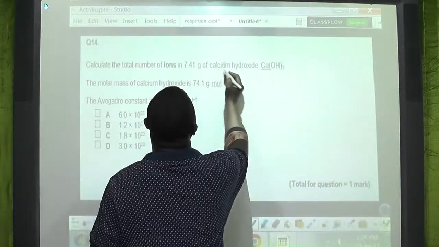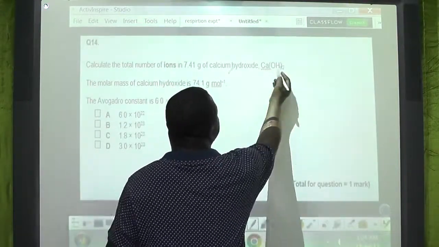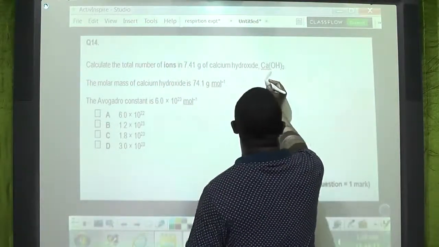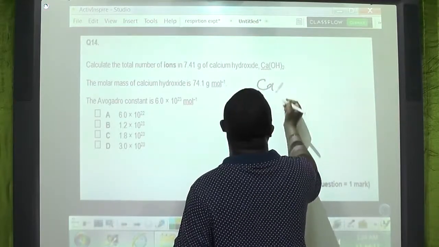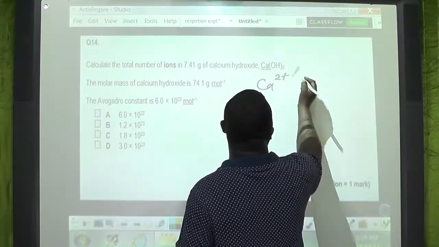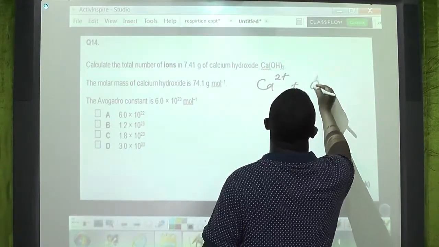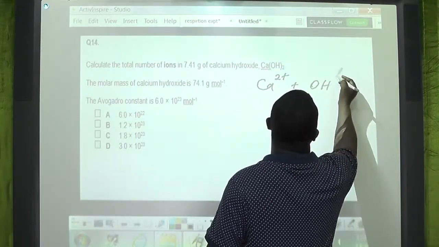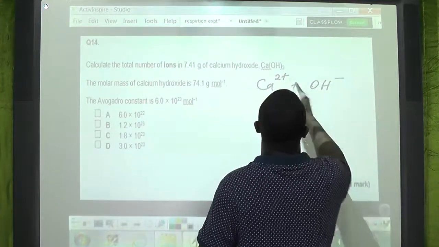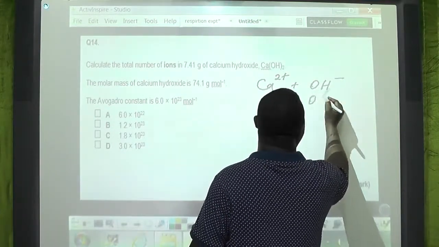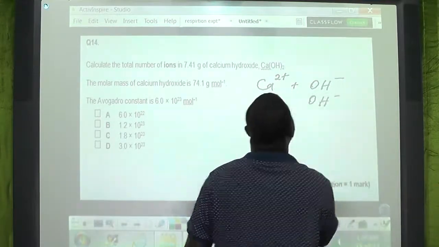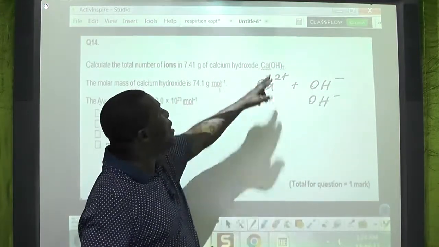The total number of ions in this one: one mole has calcium 2 plus, and if you dissolve this in water, OH minus, how many of it? 2 OH minus. This is what you get in water.